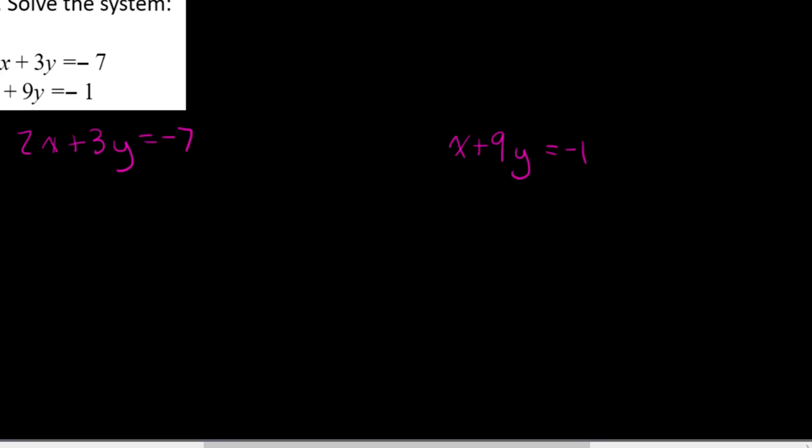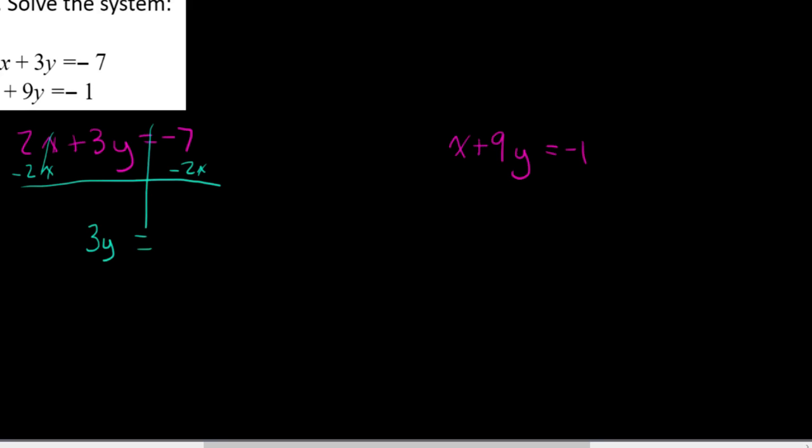Alright, so on the left here, remember we want to isolate y so that we can use substitution. So I'll subtract 2x from both sides. On the left side, 2x minus 2x is 0. Bring down my 3y.